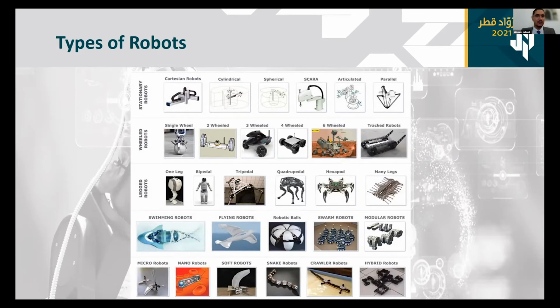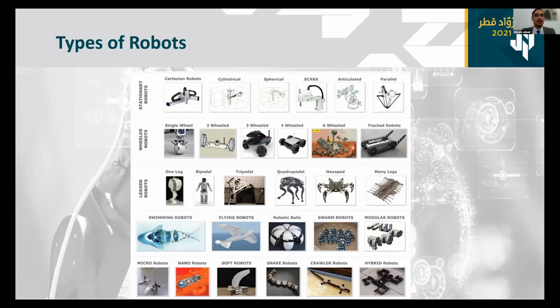We start with the Cartesian robot, a three-axis robot. We can find it a lot in CNC machines and 3D printing machines, where the displacement is based on the X, Y, and Z axes. We also have the cylindrical robot, which covers a cylindrical working environment or workspace.